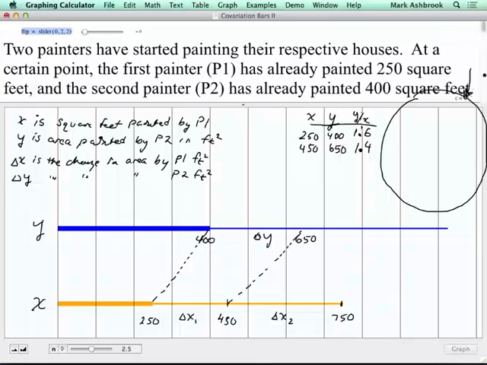Yeah, that's what I did. 750 on 450. What do you need here to solve this problem? What do you need to solve this problem? Answer this question. Well, you need to change this to 750.